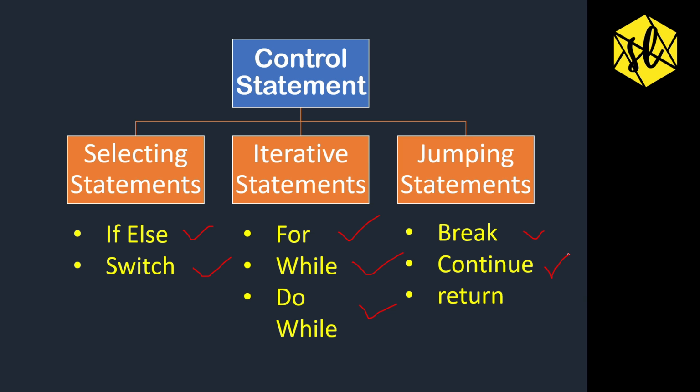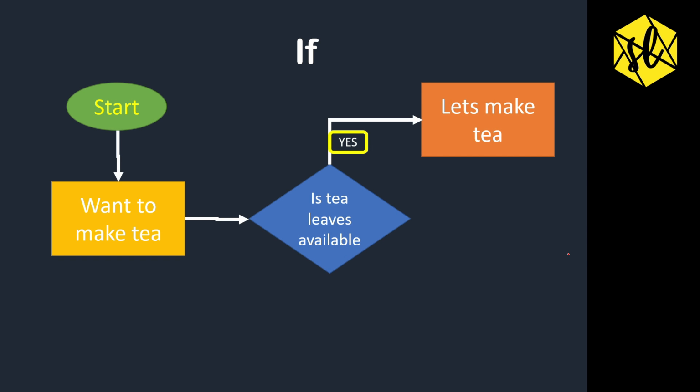So basically, what is if else? Now, to understand if else, we have to first understand what this if is. Now let's see this algorithm. Let us suppose you want to make tea. So this algorithm starts here and it says you want to make tea.